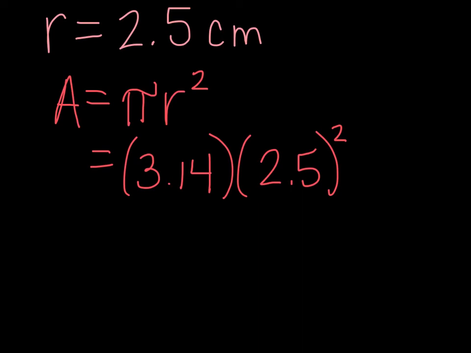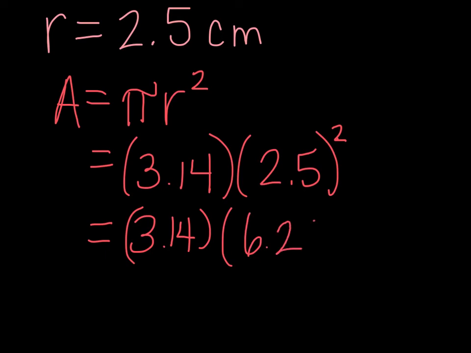I can put the squared symbol on the outside or the inside, it doesn't matter. So I'm going to do 3.14, and then square my 2.5, and I get 6.25. Then I have to multiply that by pi.